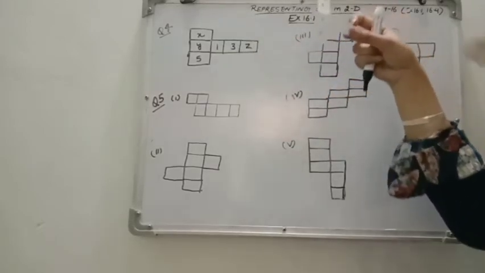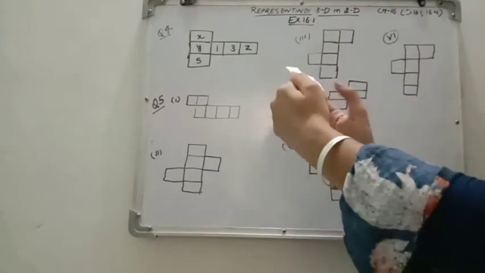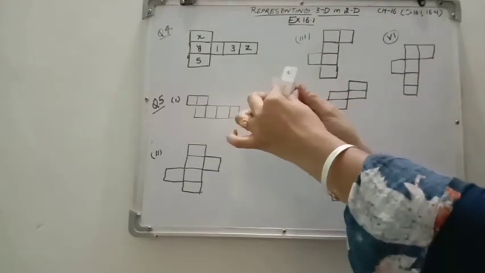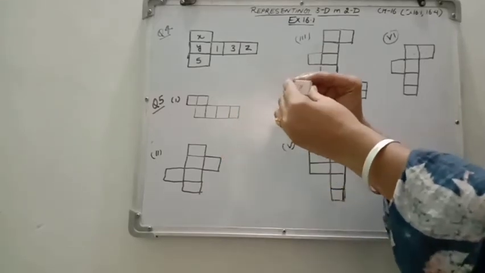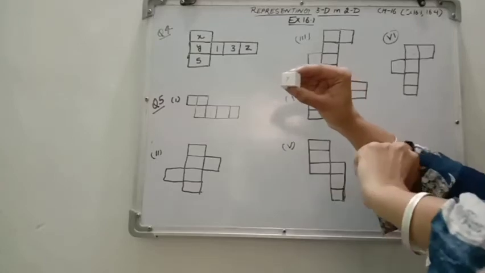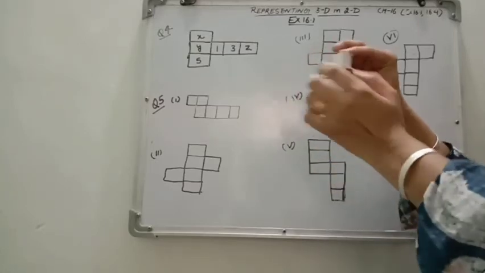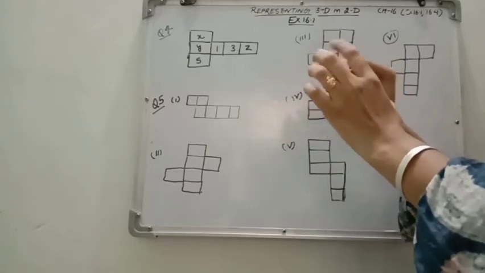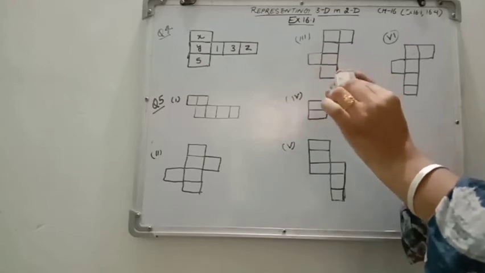If we fold it like that, we can easily find the values of X, Y and Z. Y is opposite 3, X is opposite to 5 and 1 is opposite to Z.